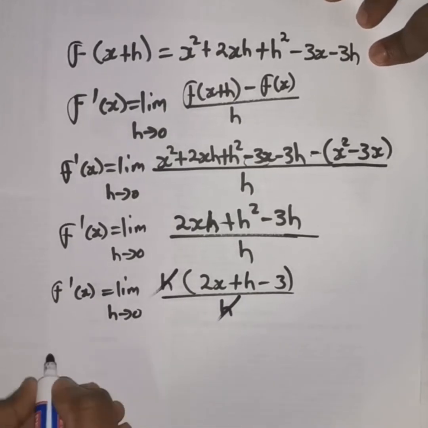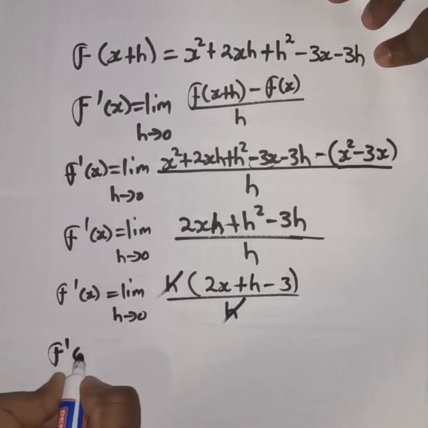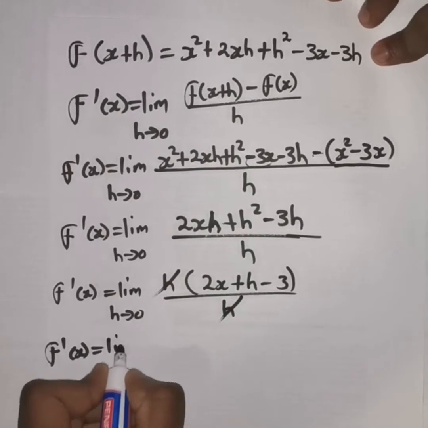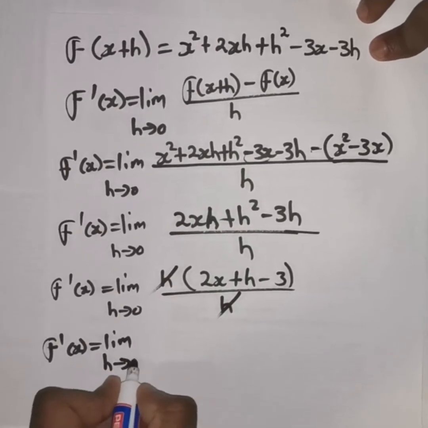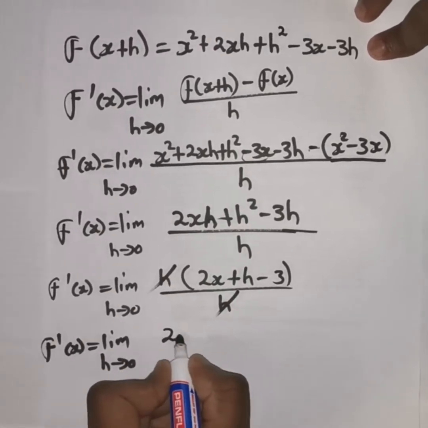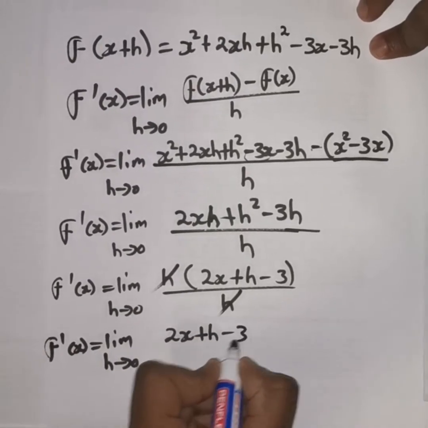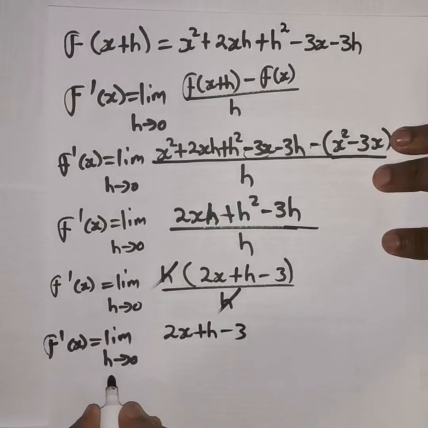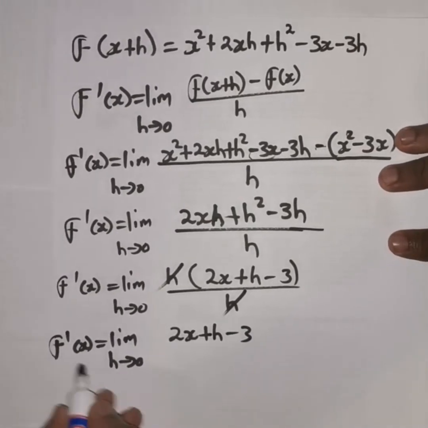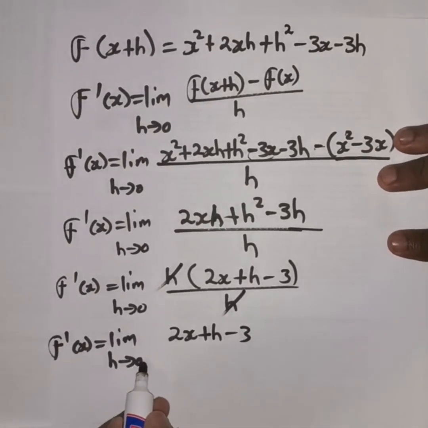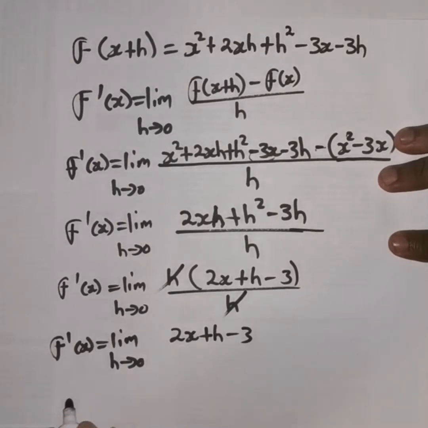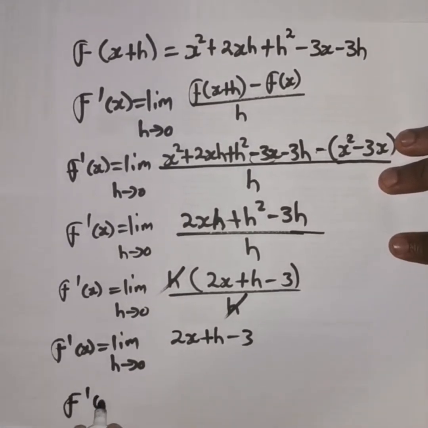So the h will cancel out. Then we're going to be left with 2x plus h minus 3. At this step we can actually substitute in h equals 0 to get our first derivative.